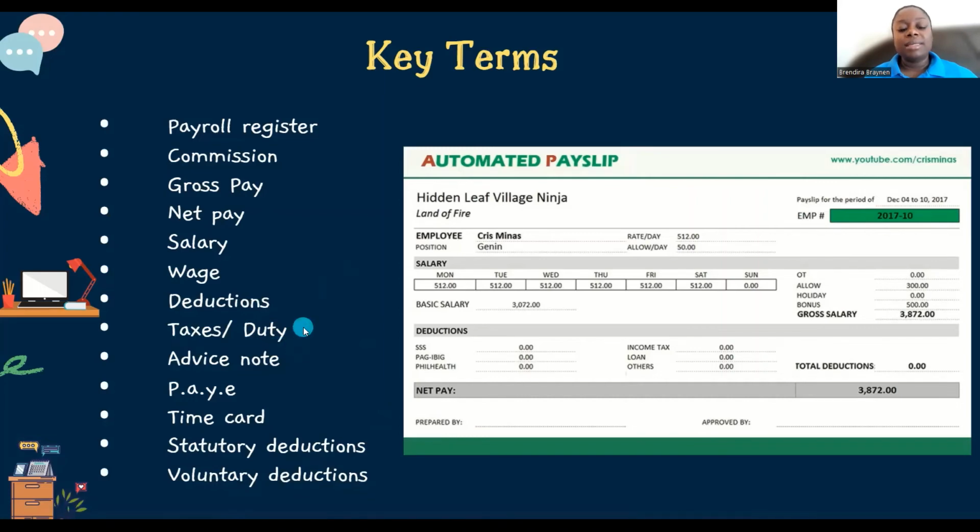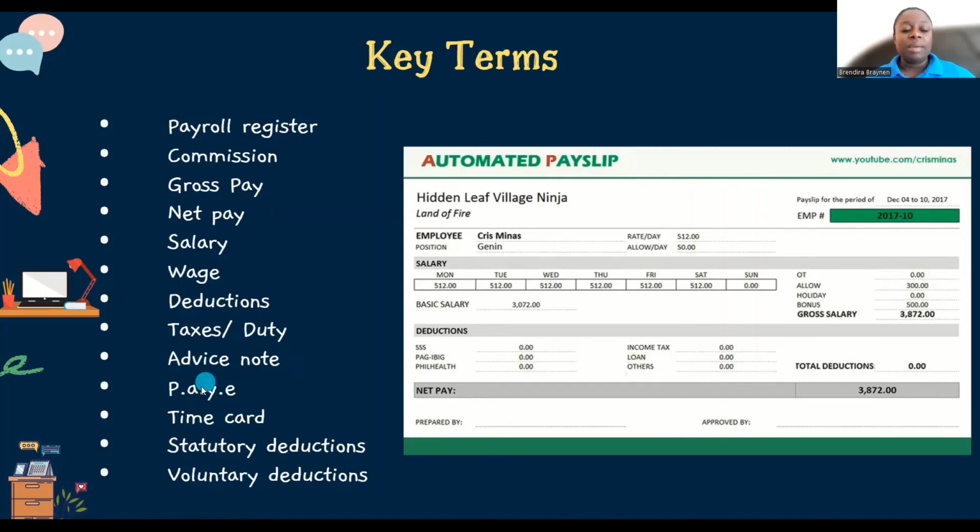We have things like taxes and duties that sometimes come out. In our case, national insurance is our tax. In the US, they have other taxes, Social Security tax, and all these other taxes that affect pay. We have an advice note, which just gives information related to how much is being paid.